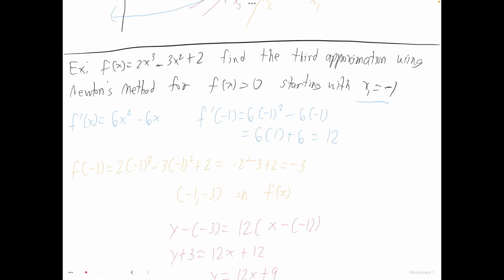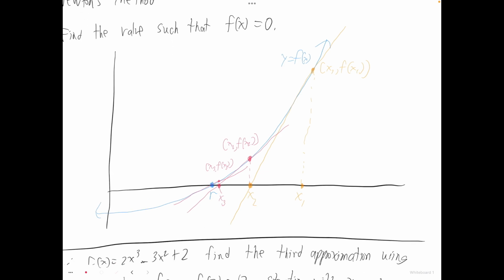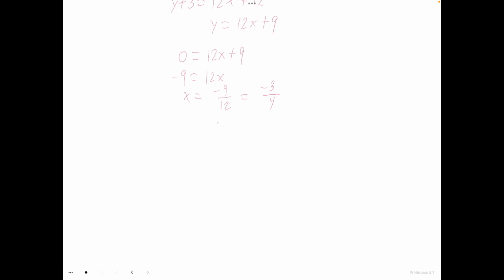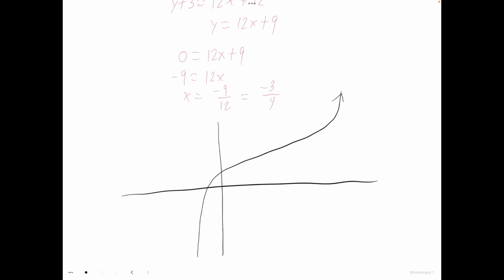So if we actually look in our picture, what we've done is our x sub 1 here. I'll actually draw another picture. What we've done here is we've got this function, and I'm just going to draw a random graph. I'm not claiming this is what it looks like.